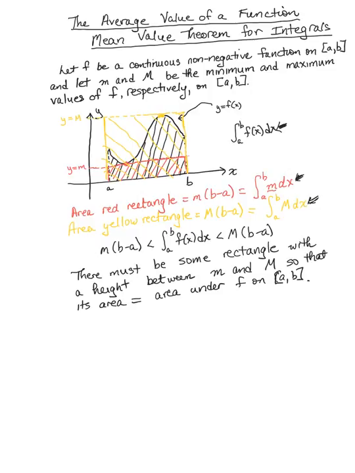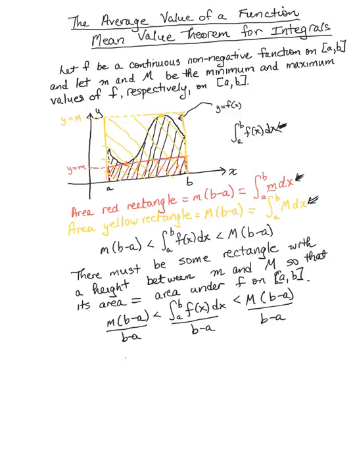If we divide each side by b minus a, which is non-zero, so I will do that here. Let's divide this side by b minus a, and this side by b minus a, and this side by b minus a.